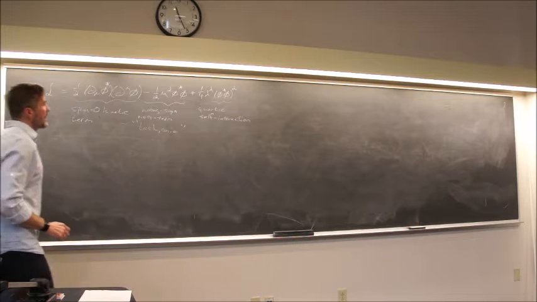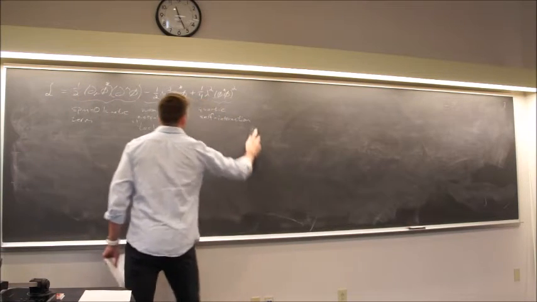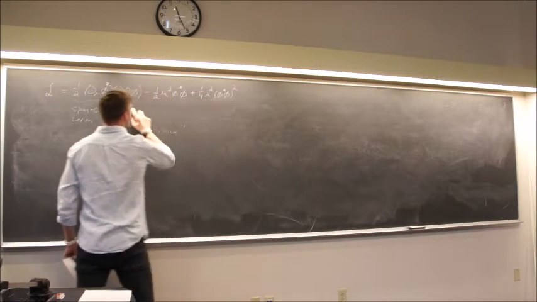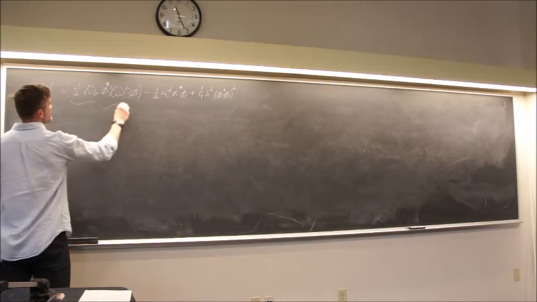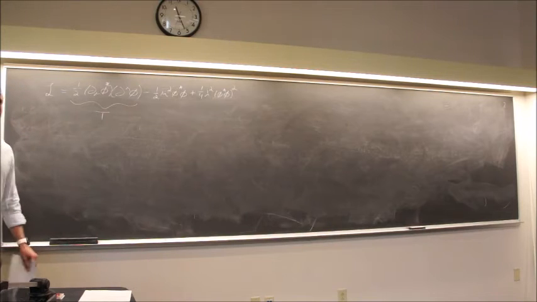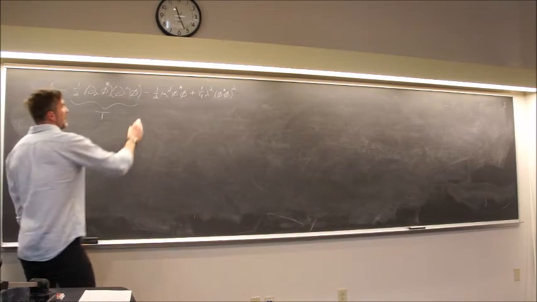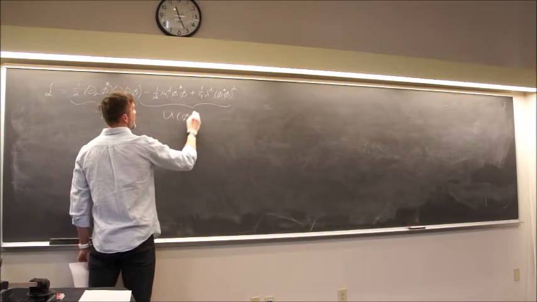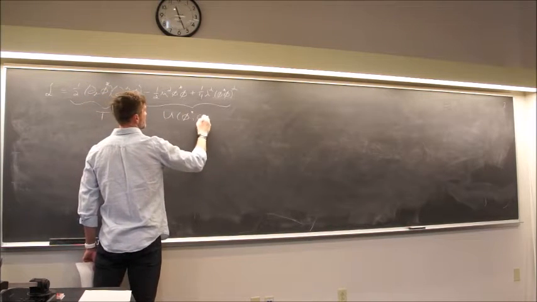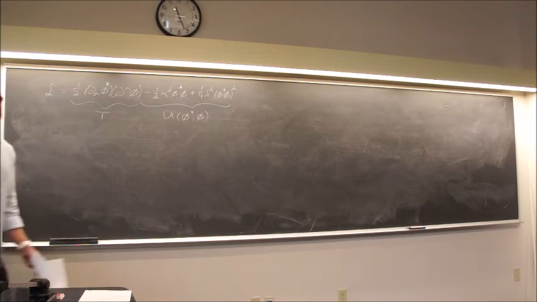What I want to do is break it up into two hunks. I'm going to call this, for lack of a better name, T, the kinetic energy. And I'm going to call this whole piece something like a potential, and it only depends on phi star and phi.